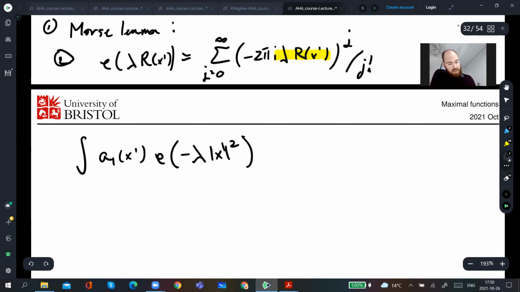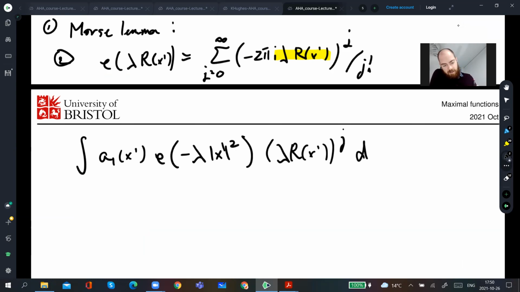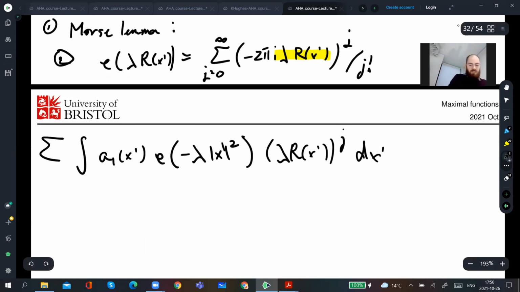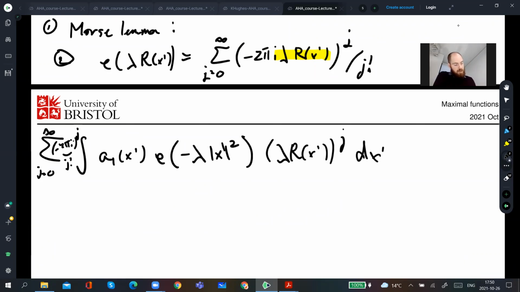And then I have lambda R x prime to the j, dx prime. I sum all of this, and I just pull out those factors of minus 2 pi i over j factorial.